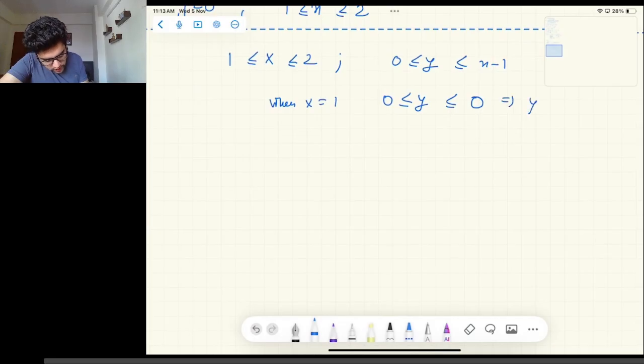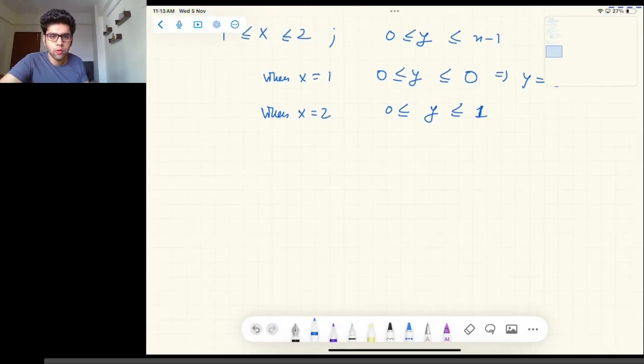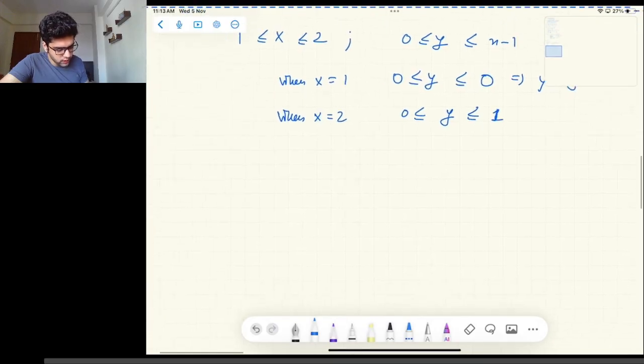So basically y equals 0. When x is equal to 2, my y will lie between 0 and 1, right? So basically I can say that my y will always lie between 0 and 1.